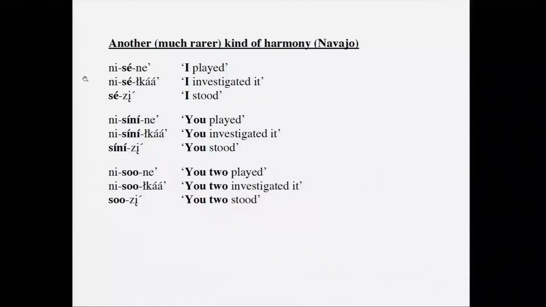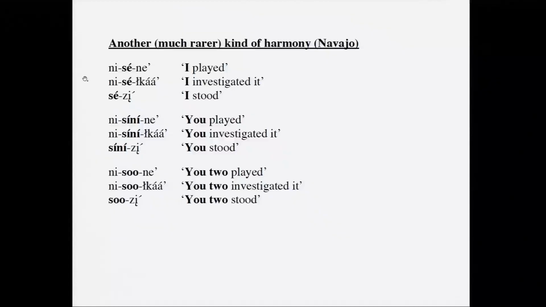I want to show you another kind of harmony, which is a lot rarer. This is from the Navajo language, which is an indigenous language of the American Southwest. Here are a bunch of verbs in Navajo in what we could think of as the past tense. I've bold-faced a part of the verb that you can think of as the part that tells you who the subject is.